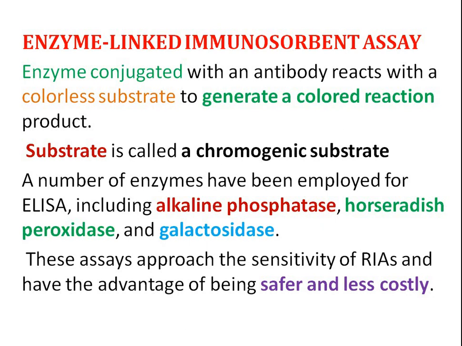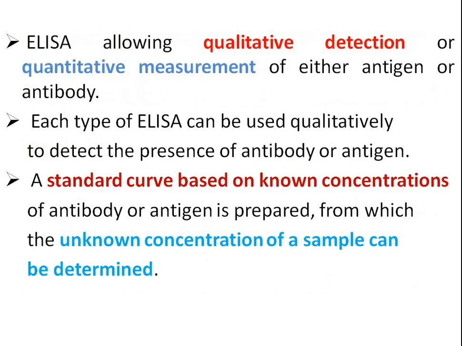This assay approaches the sensitivity of RIA, radioimmunoassays, and has the advantage of being safer and less costly. ELISA allows qualitative detection or quantitative measurement of either antigen or antibody.